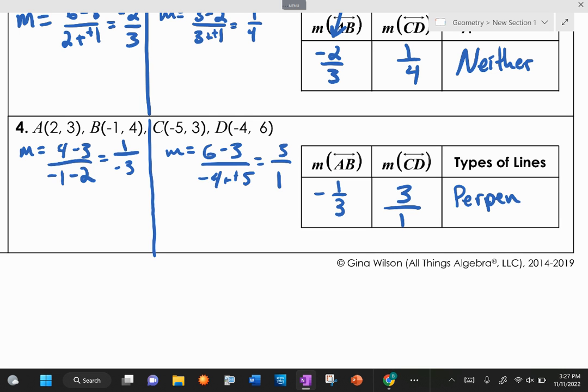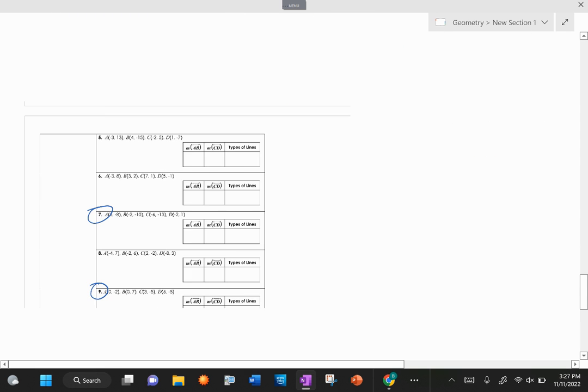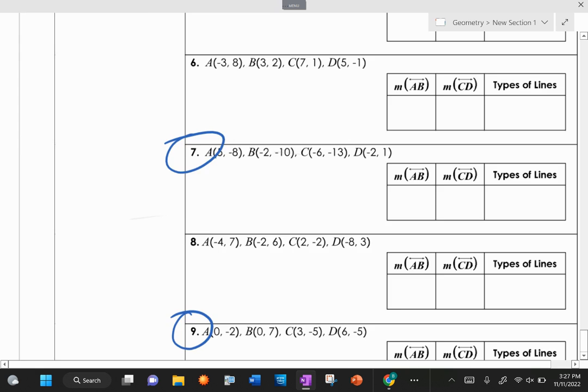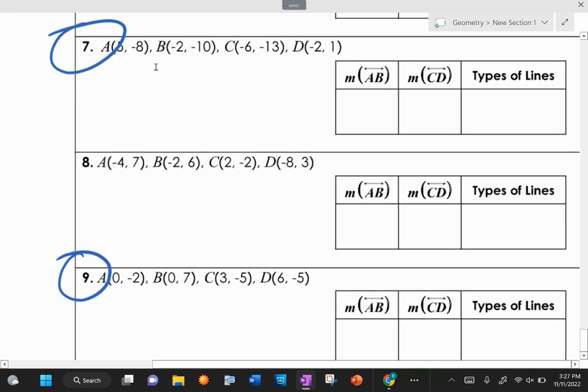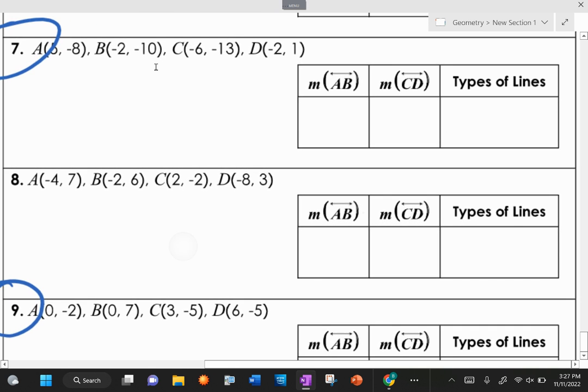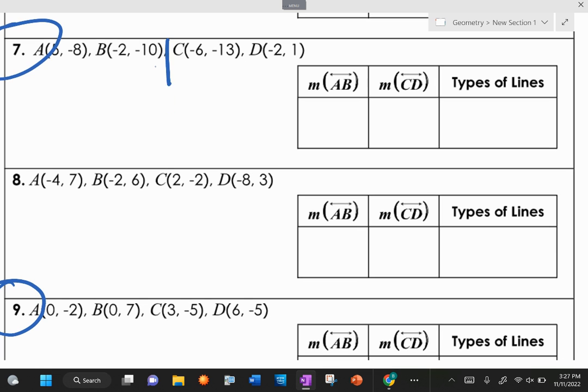All right, I'm going to move on to number 7. I don't think I feel confident enough. I just finished answering a question. It's okay. Can I just say that I did that one instead of 9?